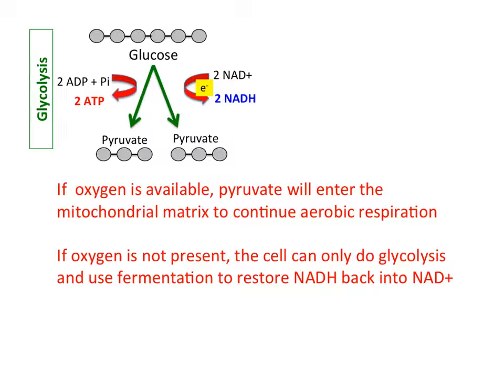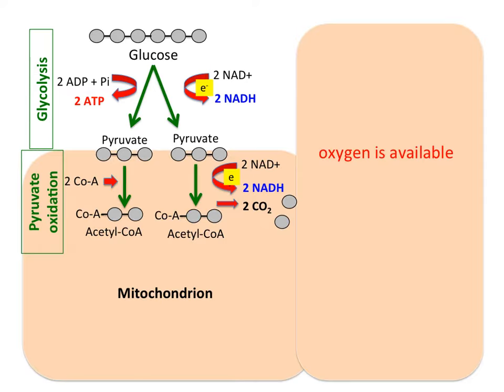The main purpose of fermentation, as we're going to talk about in another video, is to restore NAD+, because eventually the cell runs out of NAD+ and can no longer continue glycolysis. So the main purpose of fermentation is to restore NAD+ in the absence of oxygen so that glycolysis can continue. But here we're going to say that oxygen is available, so there is oxygen in the cell. Therefore, the following steps will take place inside the mitochondria.